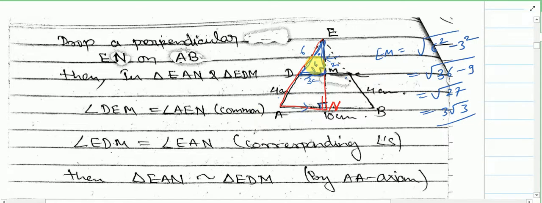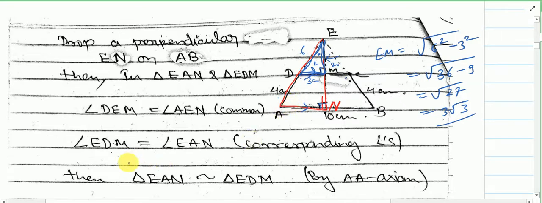So we are taking these triangles EAN and EDM. Clear? So here this one is common, and in EDM, that means this angle is equal to this. Why?